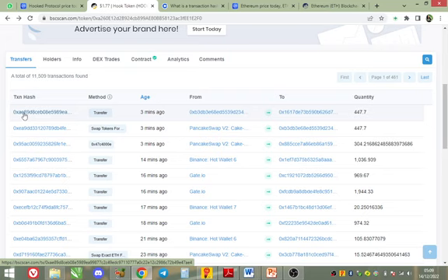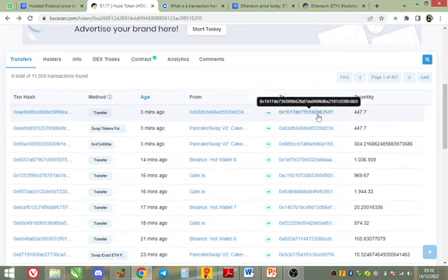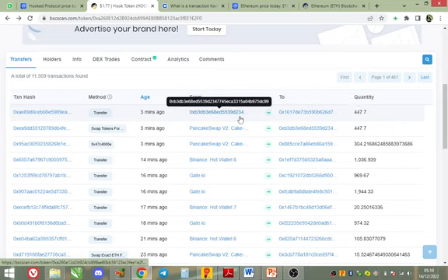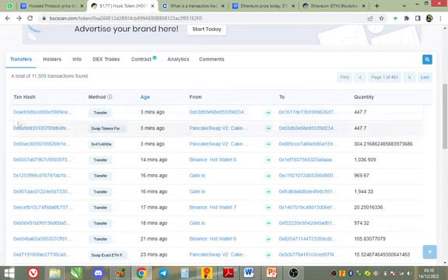This is your Txn hash. It is just a receipt that you can use to track if this transaction was valid and actually took place. So I've explained this Txn hash. Let me explain a few more things.